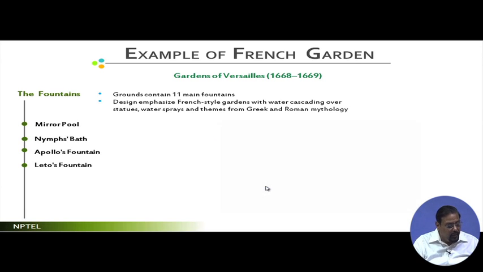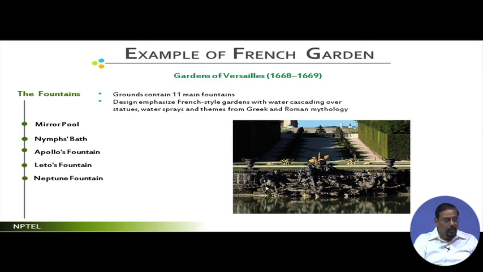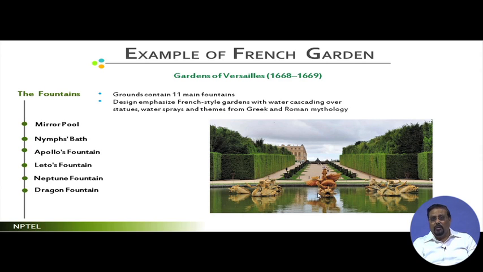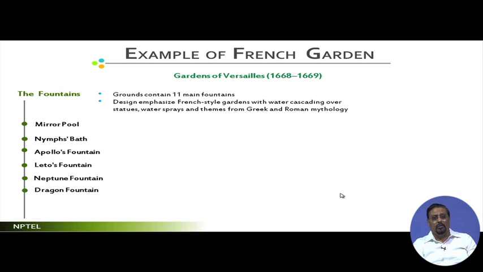Now, next is Neptune fountain here. So this particular structure with a full fountain here, and then water will be spreading from one part to another. Then comes Dragon fountain, in which the backdrop remained almost the same as the earlier one as well, but there are dragon statues and all, and they would also spout water.